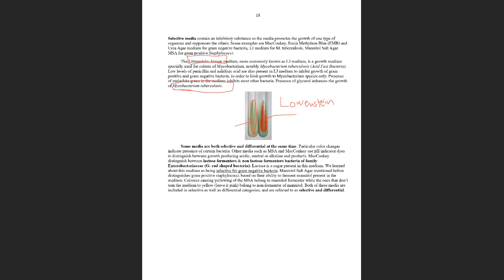This medium is special because it has some complex, waxy lipids in it, because this particular bacterium needs these lipids to be present in the medium to grow. So this is a unique medium, especially for this bacteria. All species of Mycobacterium grow on this medium.